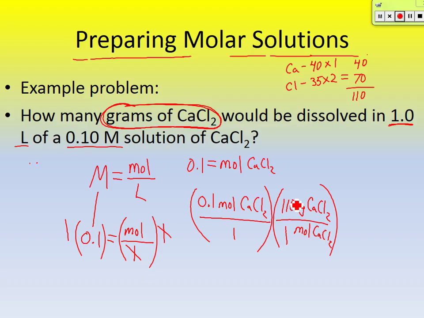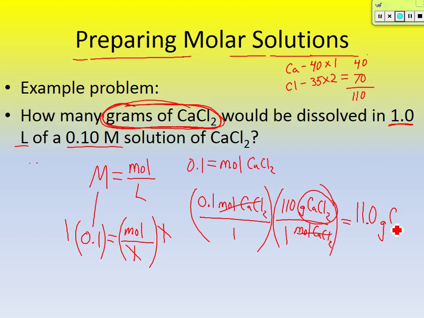Now we're pretty much done. We're to grams of calcium chloride, which is what I wanted. So let's stop there. My moles divided by moles cancels out. So those units are gone. So all we have to do is take 0.1 times 110. If you do that in your calculator, you should get 11.0. 11.0 what?